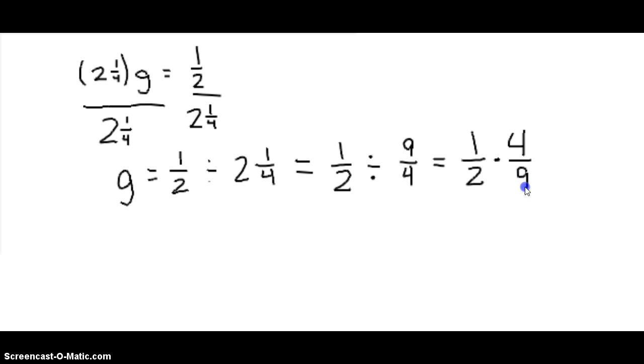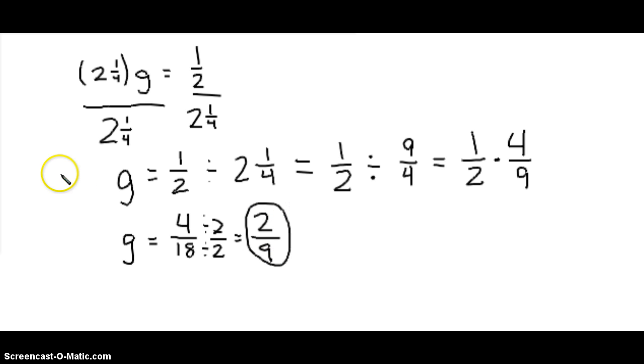So I have 1/2 times 4 over 9. That's going to leave me with g is equal to 4 over 18. If I divide the top and bottom by 2 to simplify it, I get 2 on the top and 9 on the bottom. So I have the answer that g is equal to 2/9.